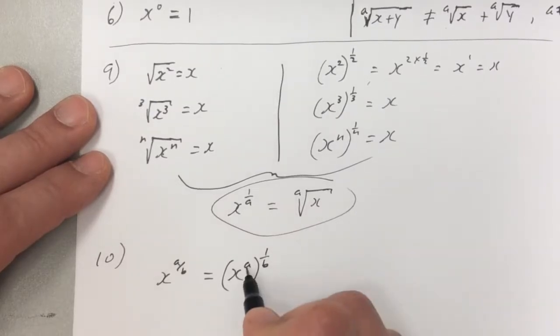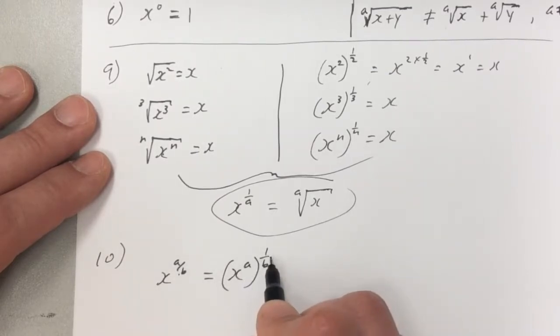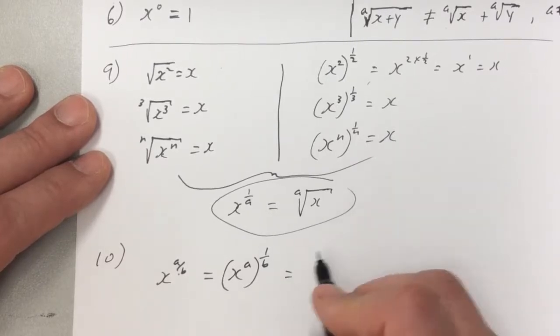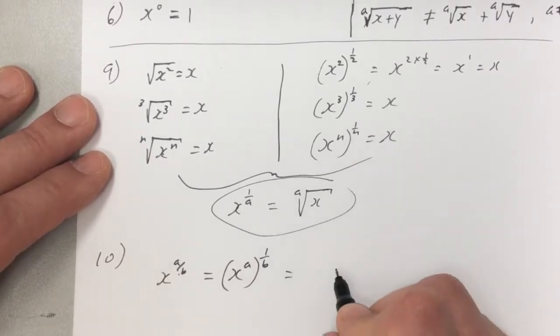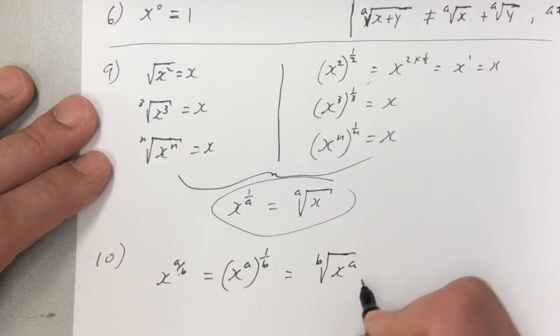Okay, so a times 1 over b is a over b. So we're just breaking up this fraction into a multiplication. Okay. And that's the same, because it's a 1 over b, that's the same as saying the bth root of x to the a.